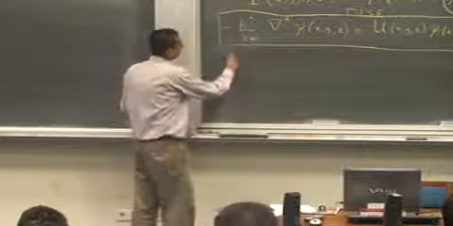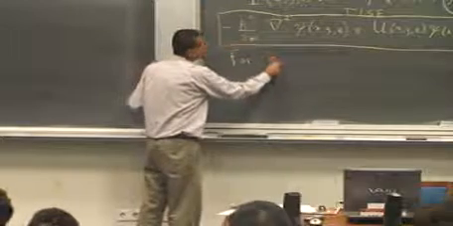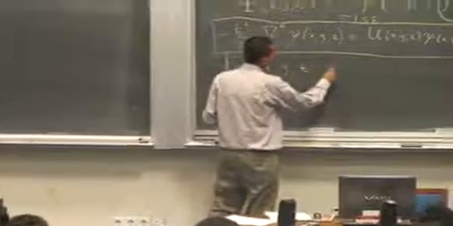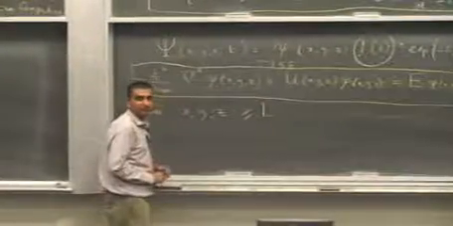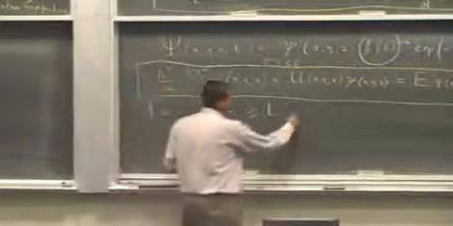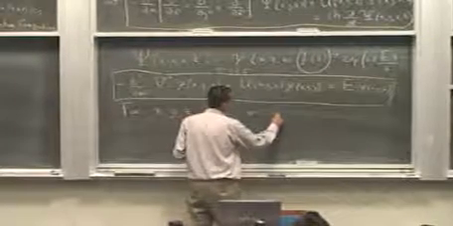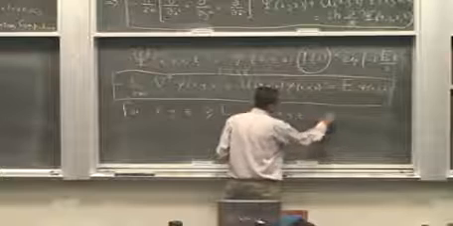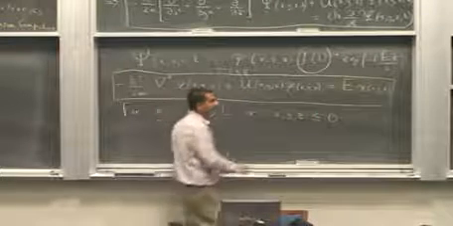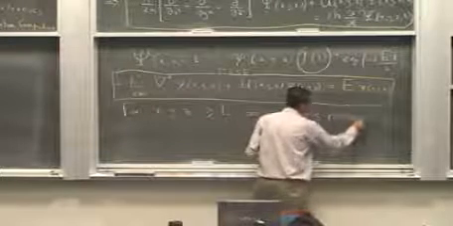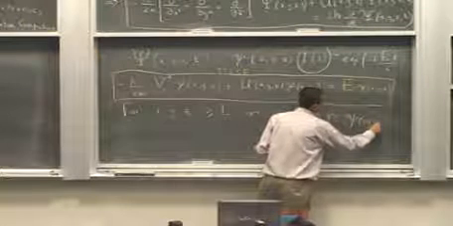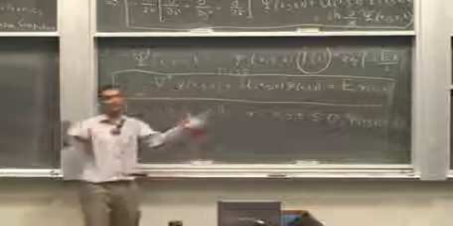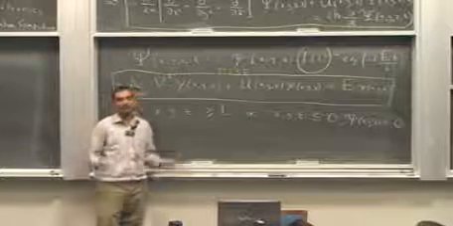So for x, y or z, either one of them greater than or equal to L, or x, y, z, either one of them smaller than or equal to 0, the wave function is, क्या है वैल्यू वेव फंक्शन की? 0, because the wave function has to disappear outside the quantum well, outside the 3-dimensional well.